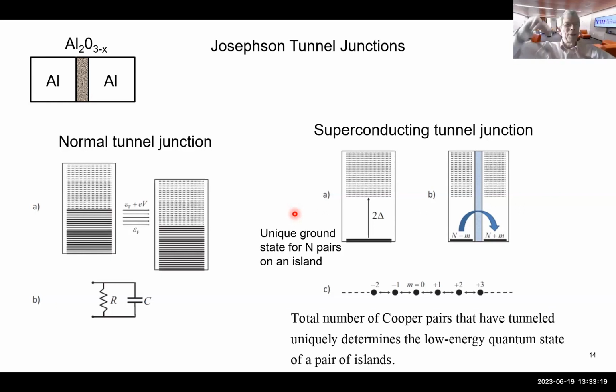Their binding energy is 2 delta, and the scale of it is the same scale as the critical temperature of the superconductor, a few Kelvin. And of course, it's very useful to know that 1 Kelvin corresponds to Planck's constant times 21 gigahertz in sort of frequency units. So the gap in aluminum, Michael, is 100 gigahertz or something.